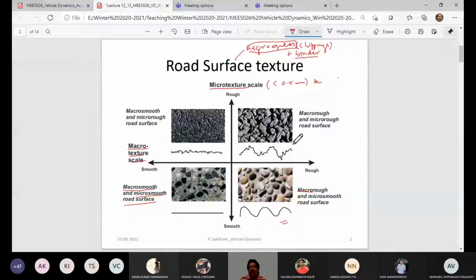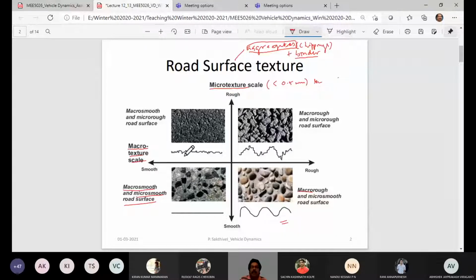In this first quadrant, it is macro rough and micro rough road surface. Both are rough, meaning you see it has both undulation and more peak to peak distance as well as wavelength. This is the characteristic of the road surface, and this is what you would generally see on highways, asphalt roads and so on.